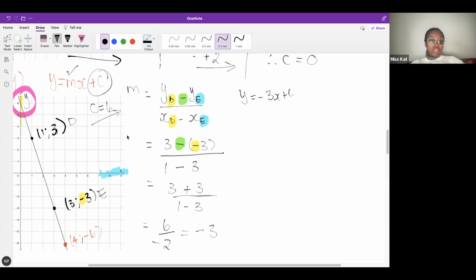We got that m is -3. Now I'm going to use a random point. I'm going to use 1 and 3 and substitute them. So remember, 1 is the x and 3 is my y. Okay. So it's going to be 3 is equal to -3 times 1 plus c. What's -3 times 1?